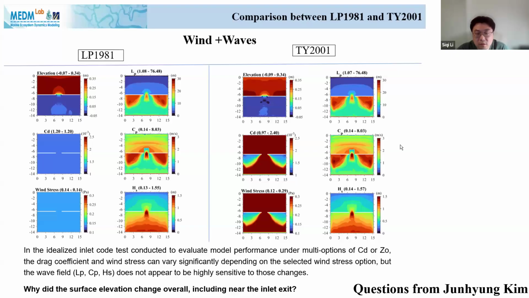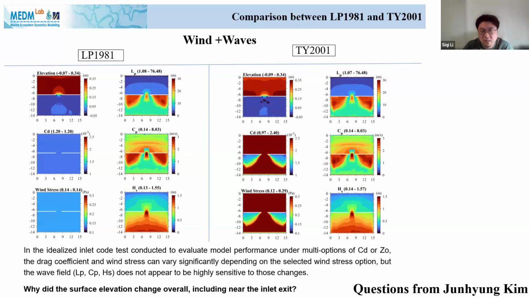Okay, so here we are. The first question is from Junyoung Kim. In these slides, there are two different kinds of methods to calculate the drag coefficient on the ocean surface. The first one is LP 1981, so Large and Pond in 1981.